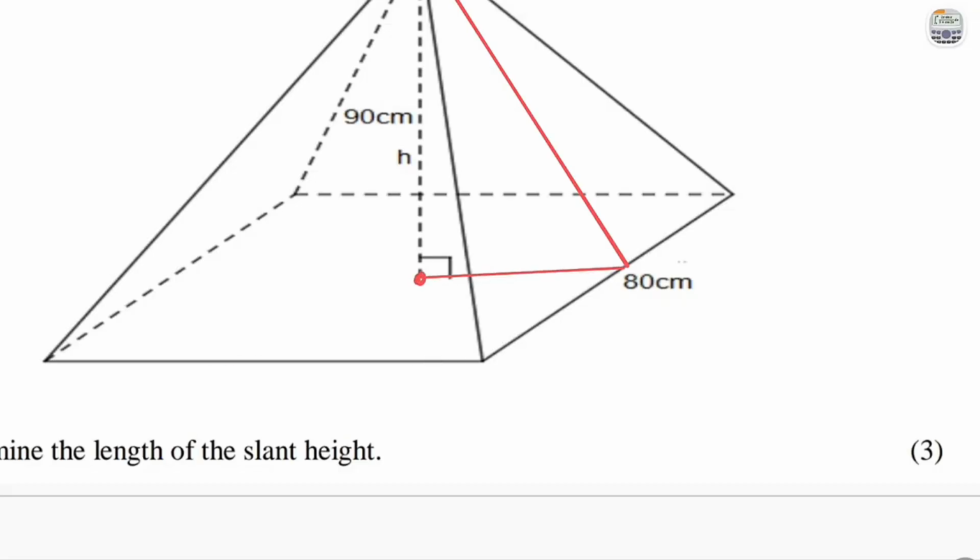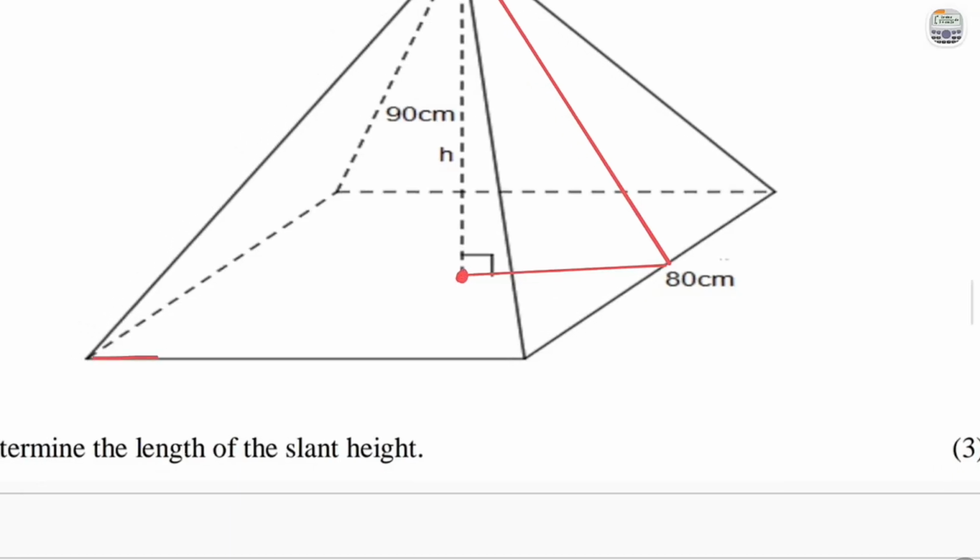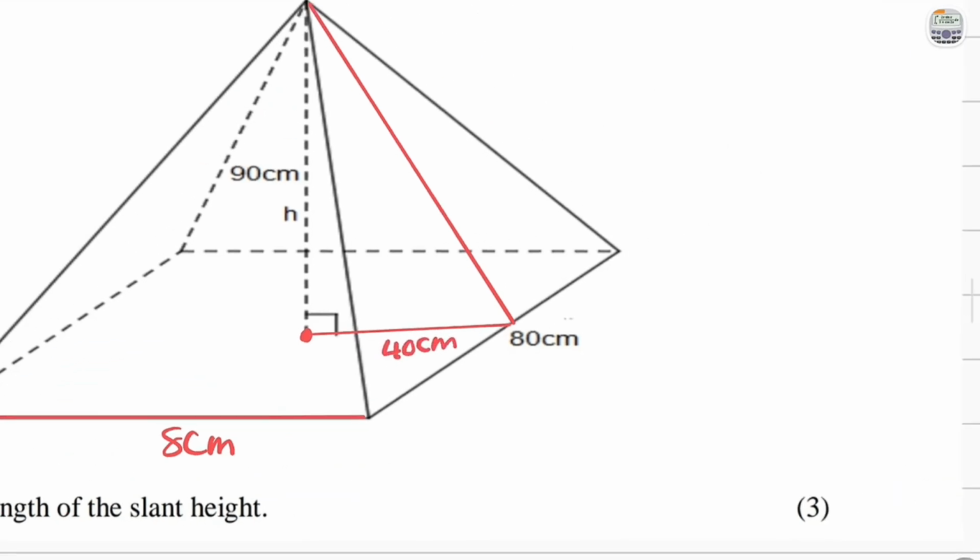Because this is the middle of the square, then if this length is 80 centimeters, and this point is right at the center of the square, that means from the center to the edge we have 40 centimeters. So this is a 40 centimeter line, and then we have a height of 90 centimeters. You see that we have created a right angle triangle here. And so to find that slant height, we're just trying to find the hypotenuse of this right angle triangle.